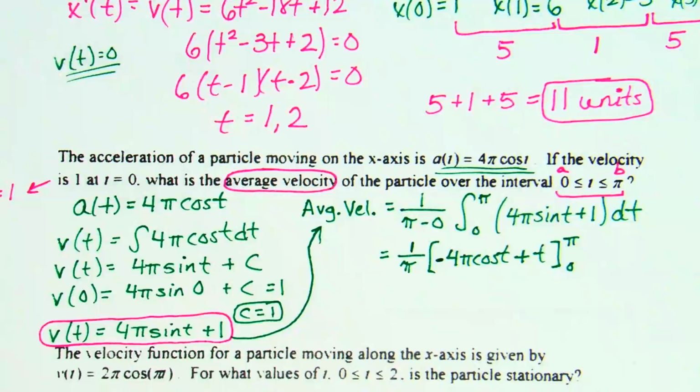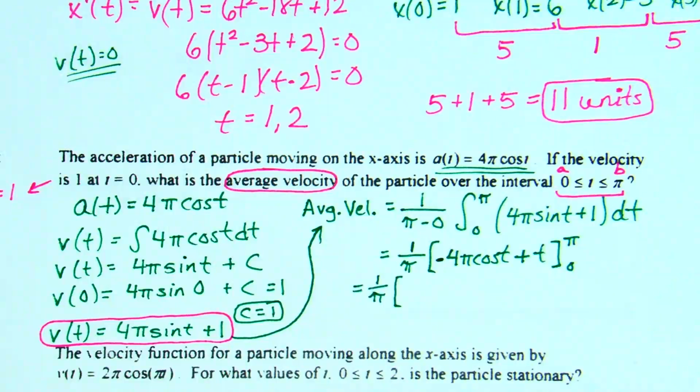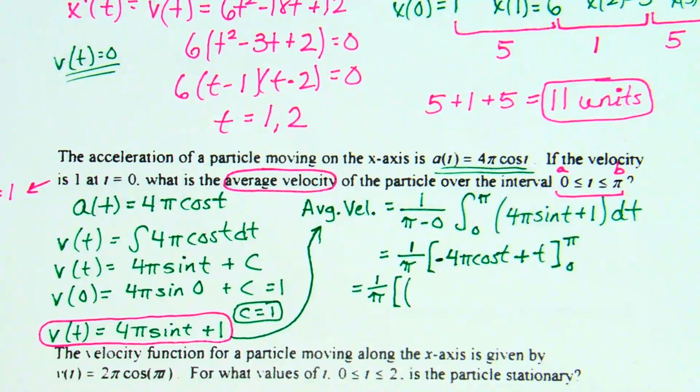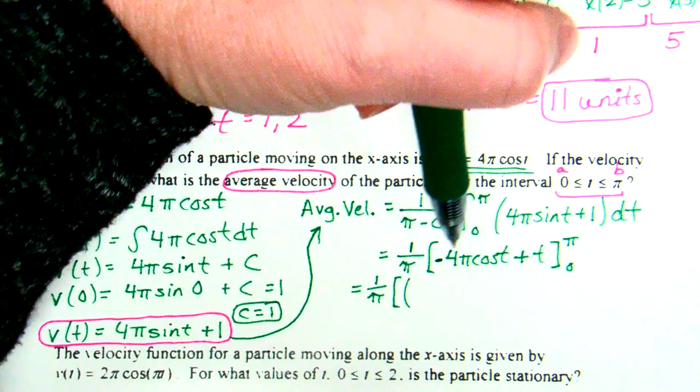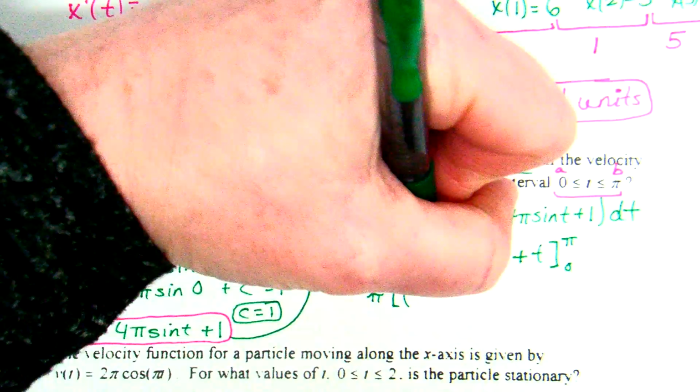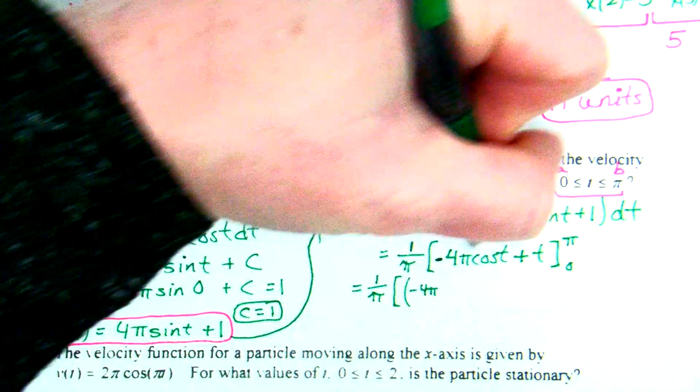The 1 over pi I am keeping out front. What do we do first? Plug in what? Pi. So this is going to be negative 4 pi times, what's the cosine of pi?